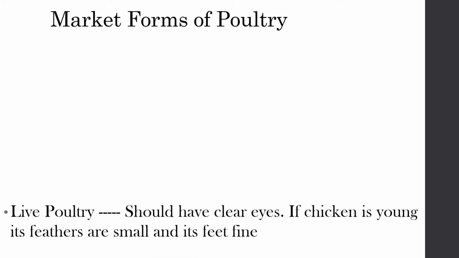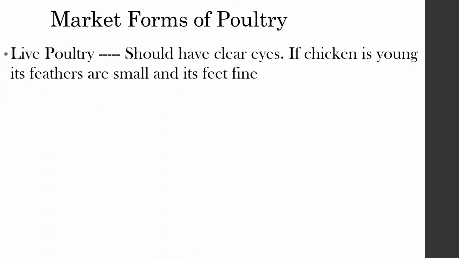Also, like with meat, the beef or pork, we also have the market forms of poultry. Live poultry should have clear eyes. If the chicken is young, its feathers are small and its feet fine.